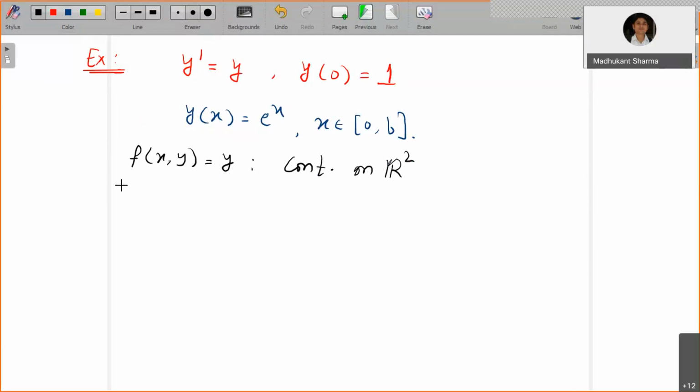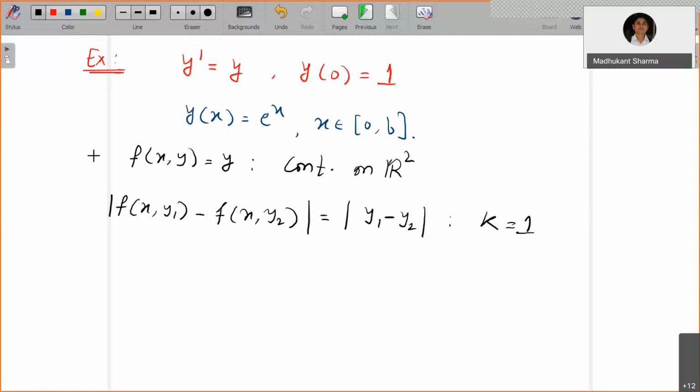Secondly, for the next condition, mod of f of x comma y1 minus f of x comma y2 is going to be mod of y1 minus y2. So it satisfies the Lipschitz condition with k equals 1.